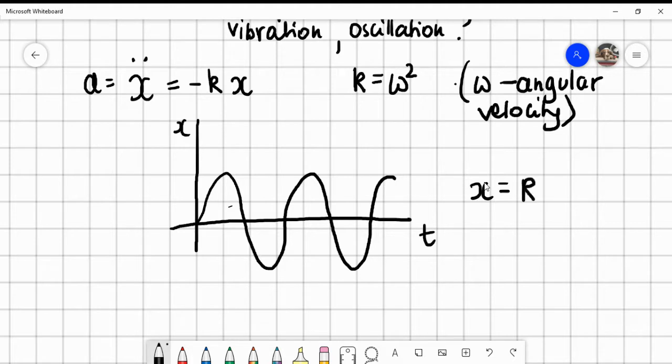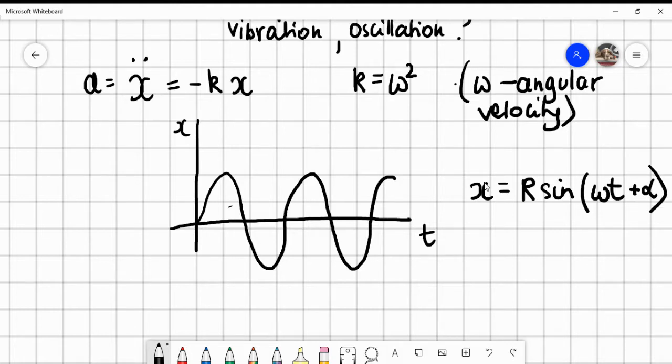So in general, the solution to the differential equation, which will be representing the displacement, will look like so. Let's say r sine omega t, plus or minus alpha maybe, because it could be shifted.